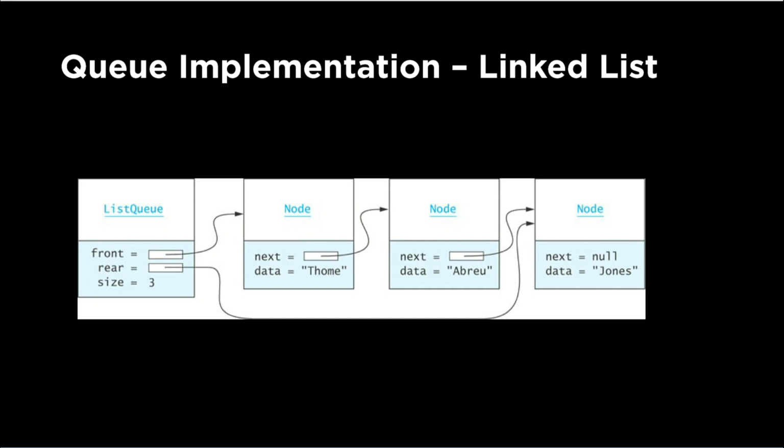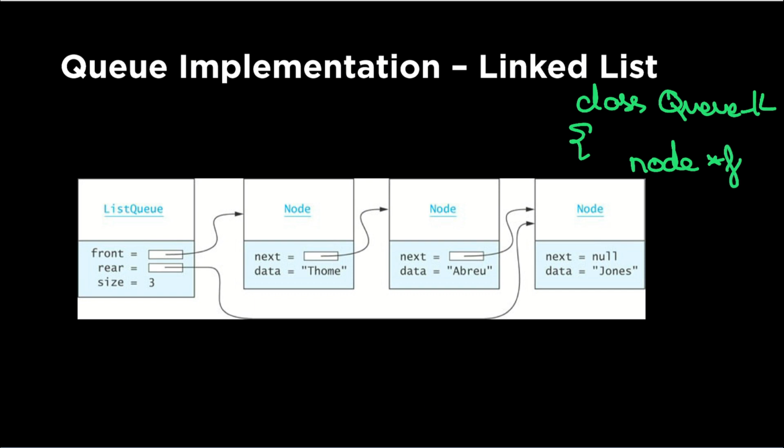The next approach is the linked list based approach. So in this case, you have this class called queue underscore linked list, and now you have a node pointer. And in this case, we need two different pointers. The first one is the front, and the second one is the back or the rear.